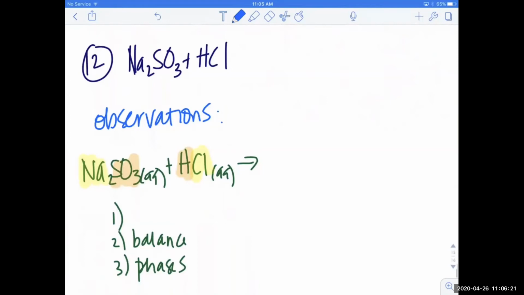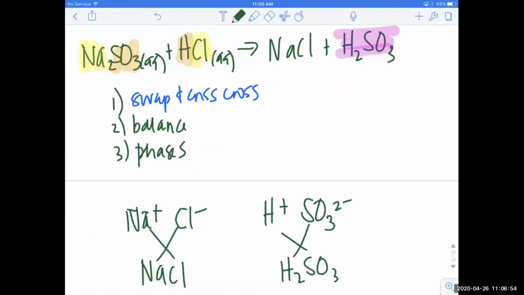This is another and final exception. So remember, here's the other gas that we had talked about. So we have our H2SO3, which is going to immediately decompose into H2O liquid and SO2 gas. And so this is that smelly odor that the person in the video was talking about.